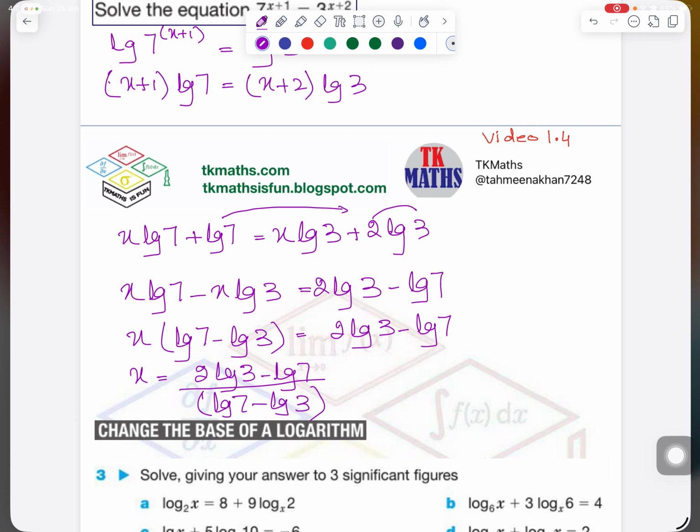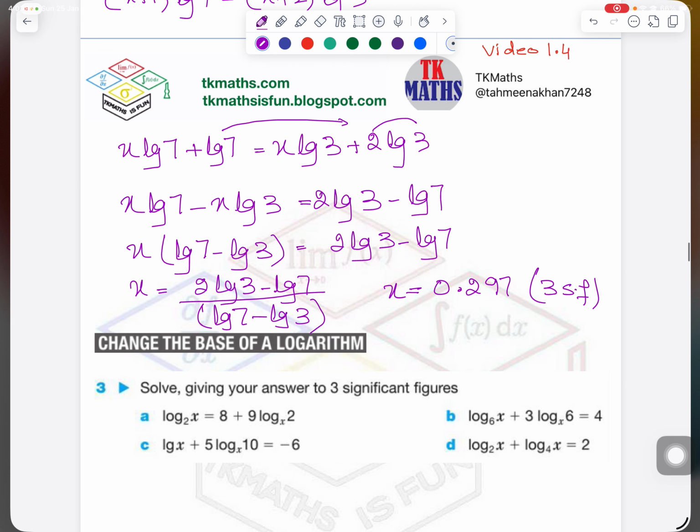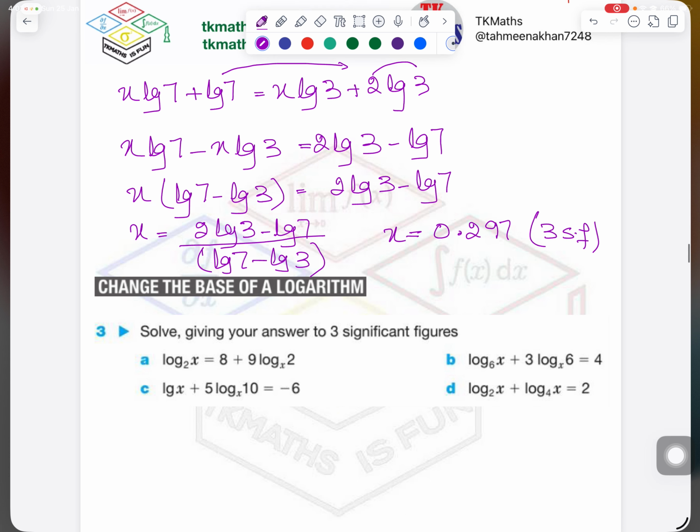I am getting x equals 0.297, to 3 significant figures, right? So I hope you understood. Now I am taking 4 questions where I will apply the change of base rule, and then there will be 3 questions for you to test your understanding.